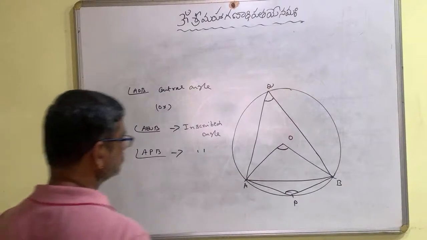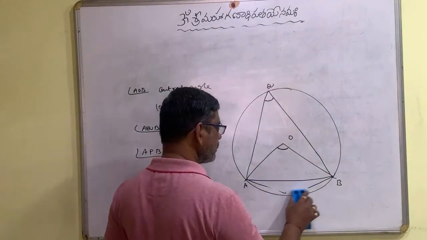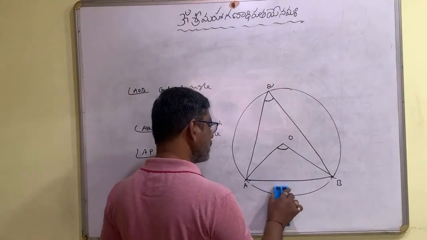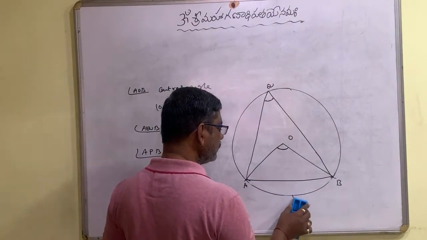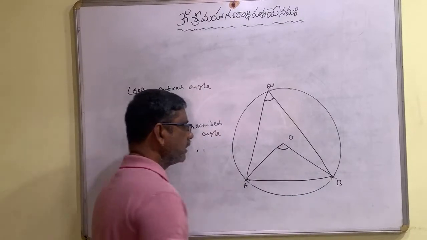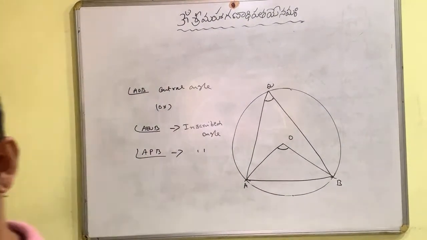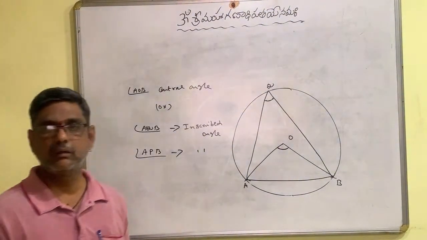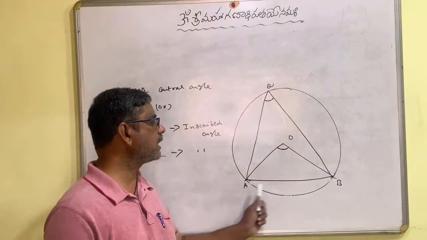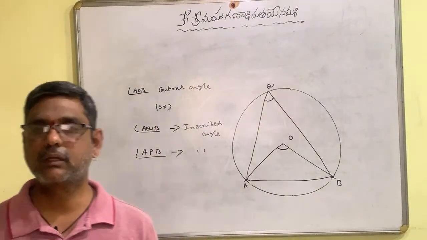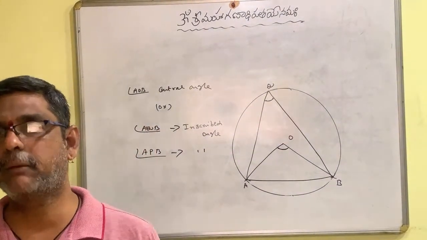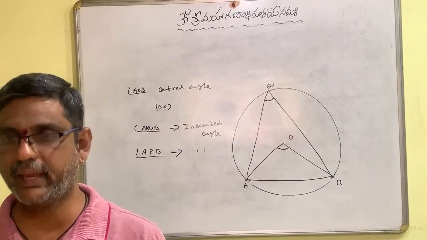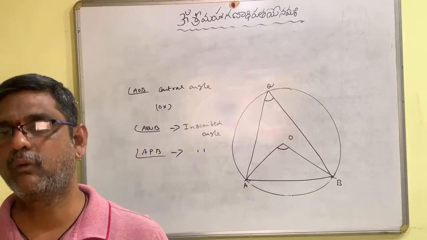Now, see this. Here, chord AB is subtending 2 angles.